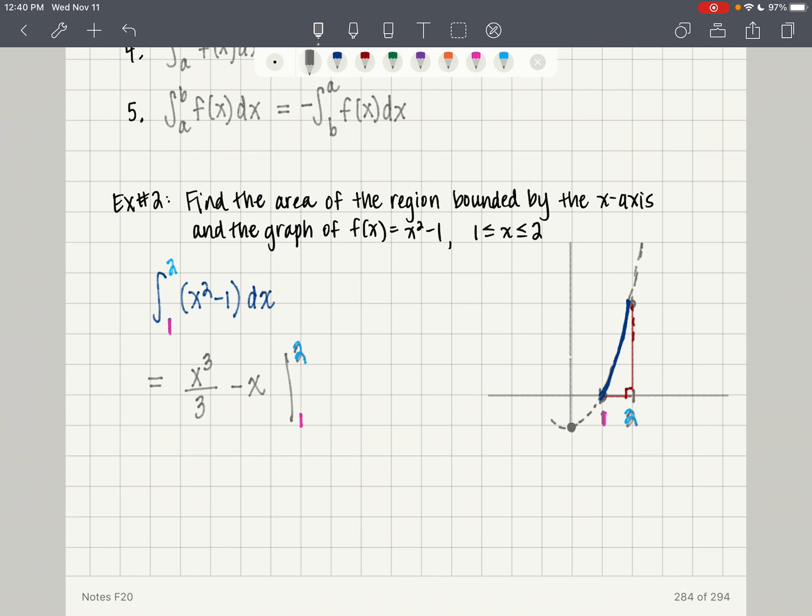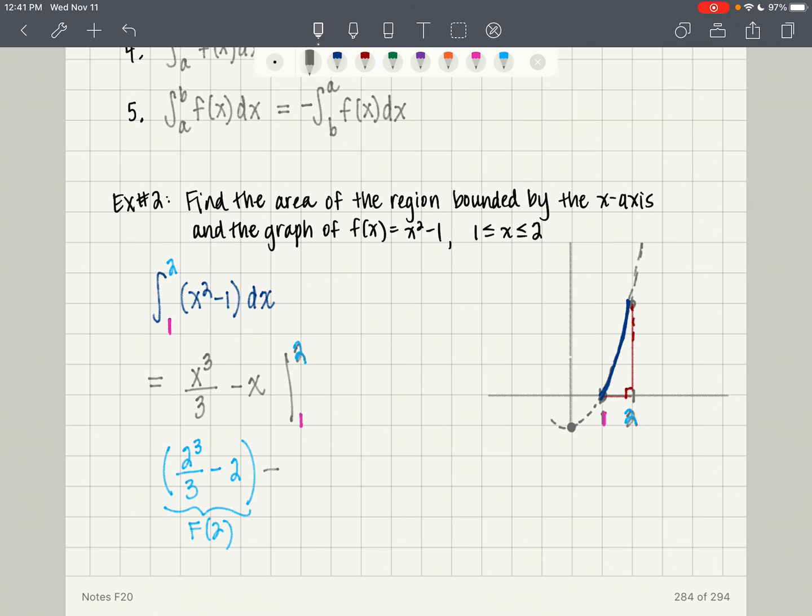So in blue, we're going to have f of 2. So f of 2 is going to be 2 cubed over 3 minus 2. This right here is f of 2.